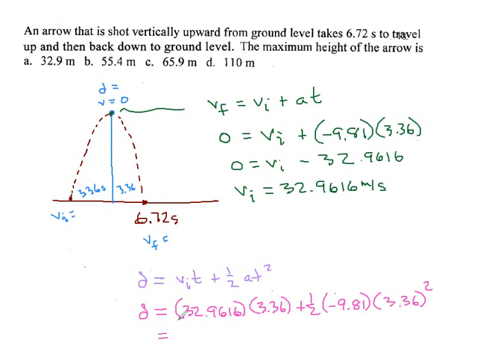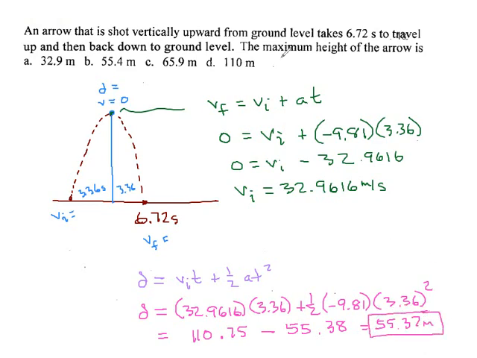So now we mash the calculator a lot, and we get 32.9616 times 3.36, 110.75 meters, and then 1/2 times negative 9.81 times 3.36 squared, 55.38. 110.75 minus 55.38, it's going to be like 55.37. 55.37 meters should be our maximum height.